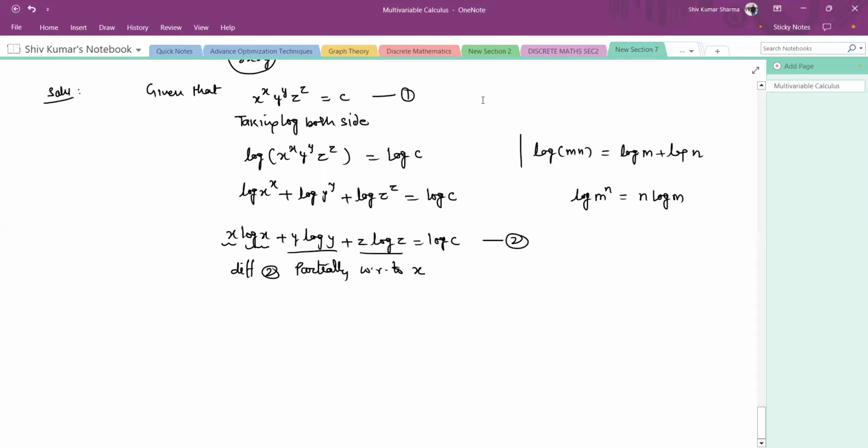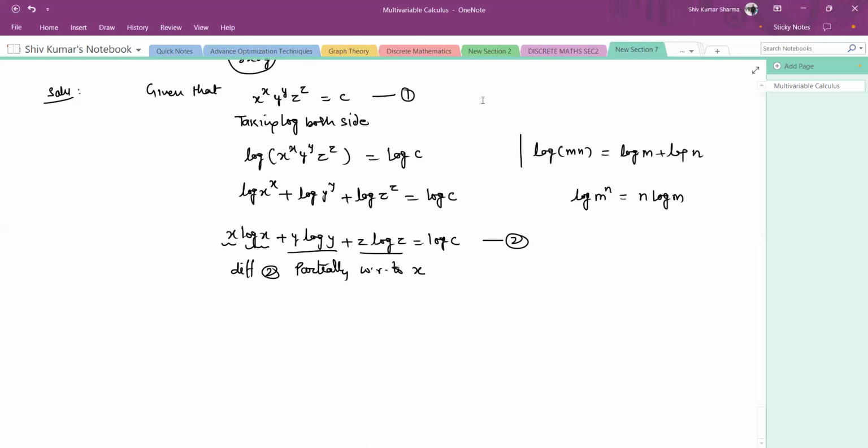We already discussed that when we differentiate partially with respect to x or y, we treat only y or x as a constant, but z we differentiate with respect to x and y both because z works as a dependent variable.